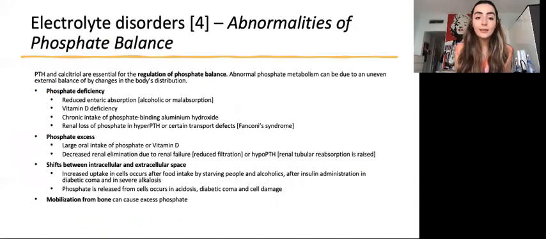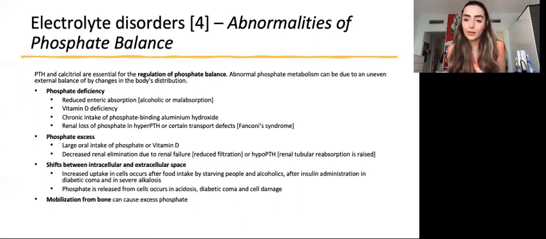And then finally, we have the last slide of the day, which is the abnormalities of phosphate. Parathyroid hormone and calcitriol are essential for the regulation of the phosphate balance. When the kidney function is normal, parathyroid hormone reduces the plasma phosphate level by inhibiting the renal absorption.